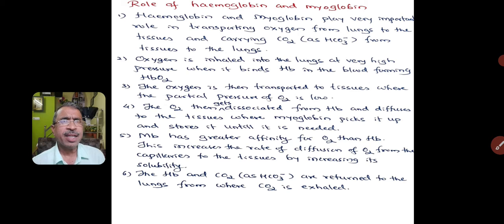Myoglobin has greater affinity for oxygen than hemoglobin. This increases the rate of diffusion of oxygen from the capillaries to the tissues by increasing its solubility. The hemoglobin and carbon dioxide as bicarbonate ion are returned to the lungs from where carbon dioxide is exhaled.